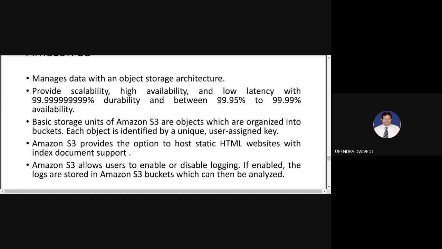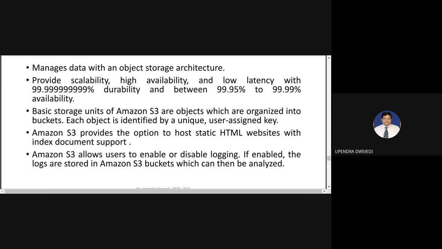S3 provides the option to host a static HTML website with index document support. This is one application using Amazon S3. It allows users to enable or disable logging. If enabled, the logs are stored and can be analyzed. So if you want to store log information, you can use Amazon S3.